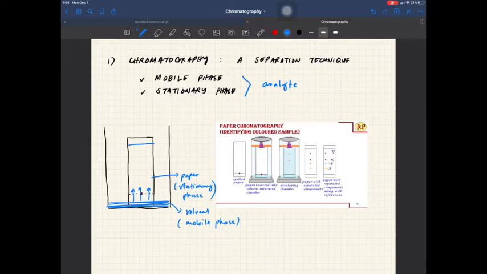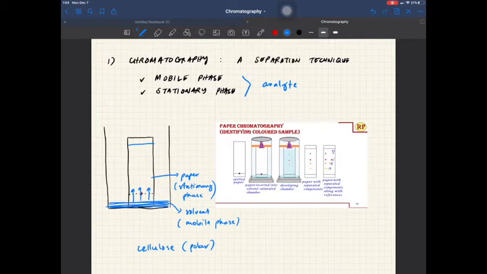So in this case, the stationary phase is a polar molecule, since it's made up of paper, and paper is made up of cellulose, and cellulose is a polar molecule. And if the analyte is also a polar compound, then the analyte interacts with the stationary phase.